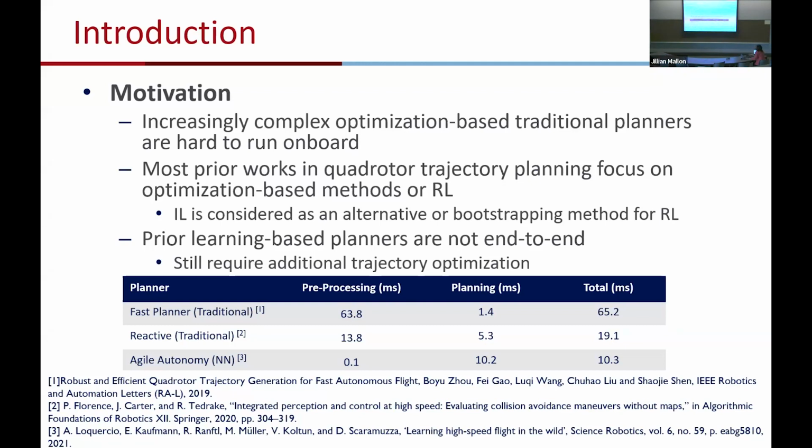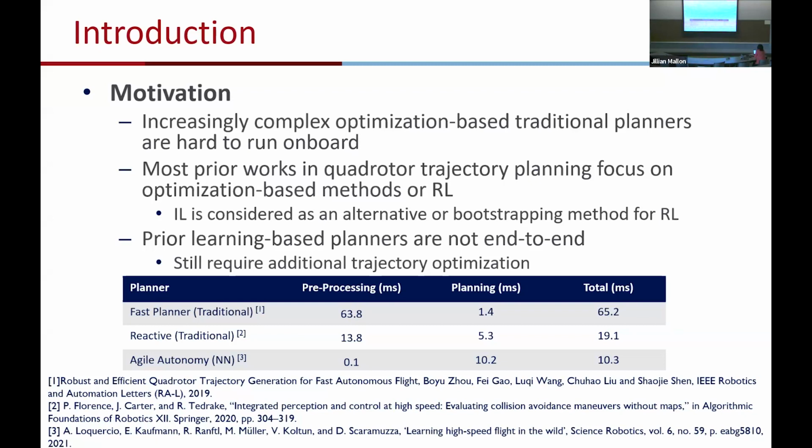And you can see that on the bottom of the slide is a table comparing Agile Autonomy, which is a learning-based planner, with two traditional optimization-based planners. And although Agile Autonomy is not a fully end-to-end learning-based planner, it is still able to outperform the traditional optimization-based planner in terms of the total planning time it used.